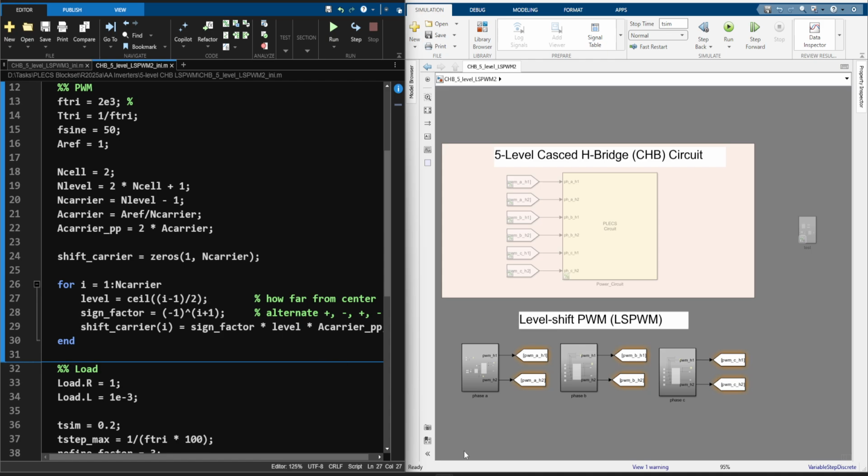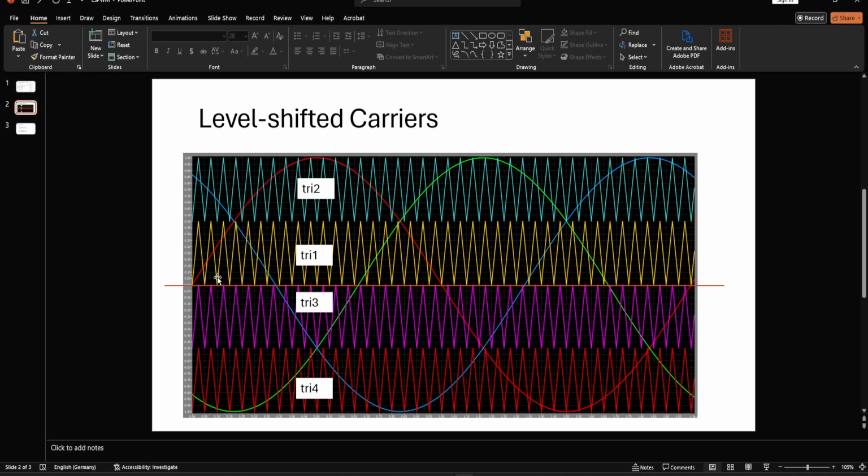Now remember, we have an alternating pattern of the carrier waves. If I take triangular wave 1 here, then we need to immediately switch back to the alternating waveform, which is triangular 3. So if one goes in the positive direction, the second goes in the negative direction.